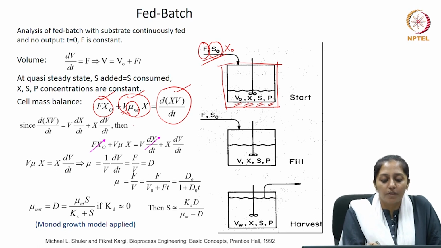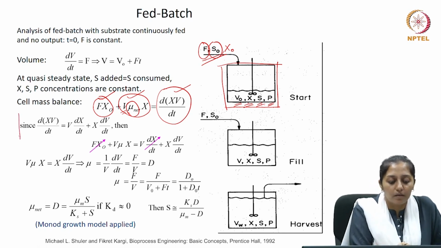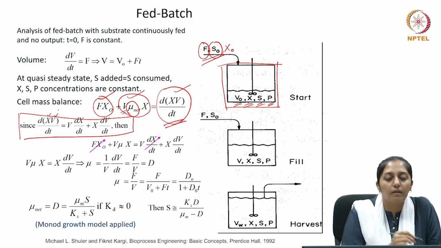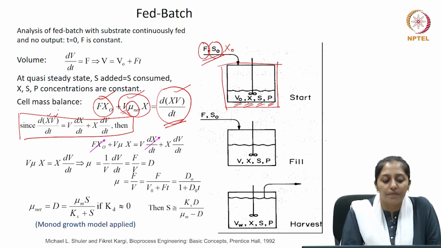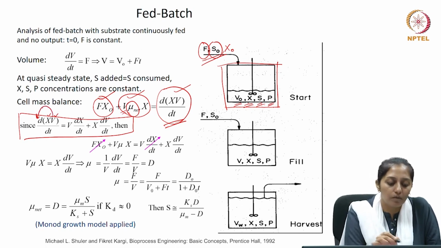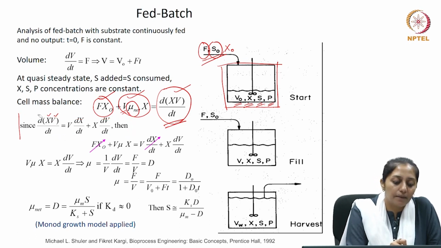Now, if you see the expansion of the RHS, because X and V in a fed batch are both variables, we cannot, as in case of a batch, bring V out of the bracket. So, we will keep it inside.